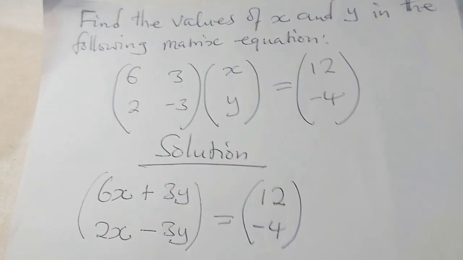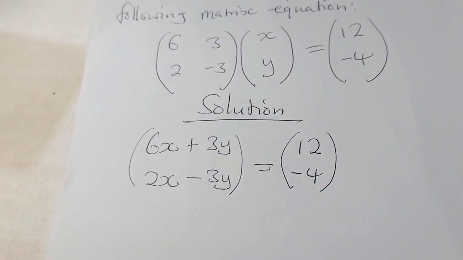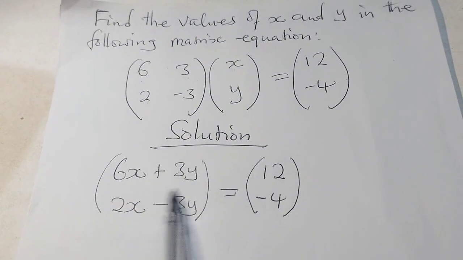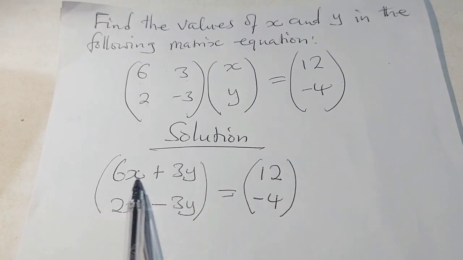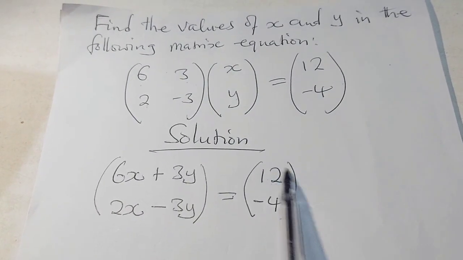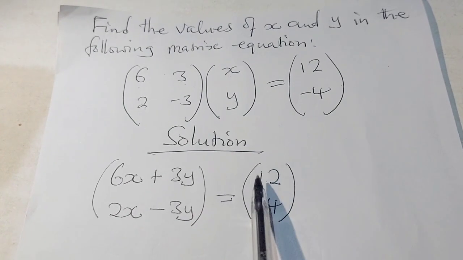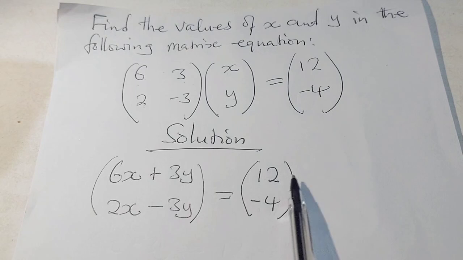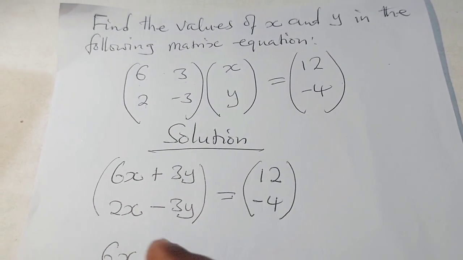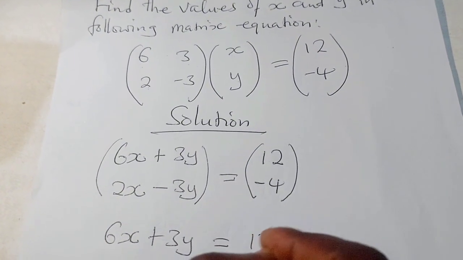Then we close the parenthesis, equals, and we equate with the 12, then negative 4, just like I have done here. Now, we are going to equate this row with the corresponding component on our right hand side here. So it will be 6x plus 3y equals 12.